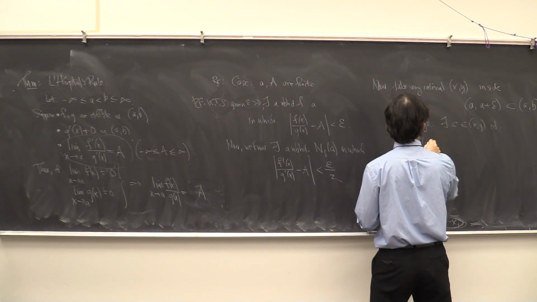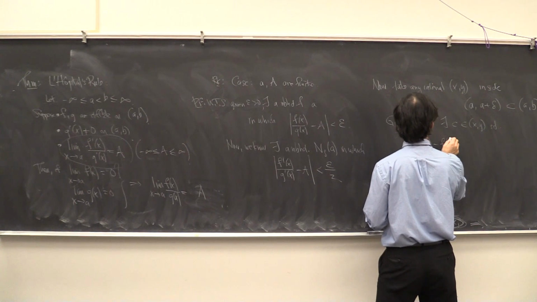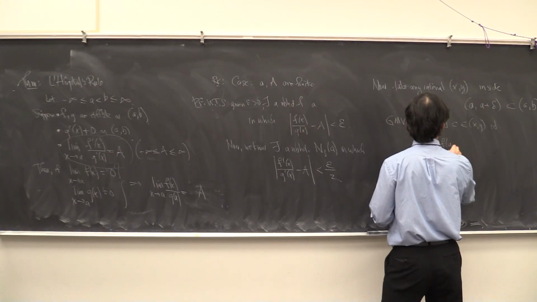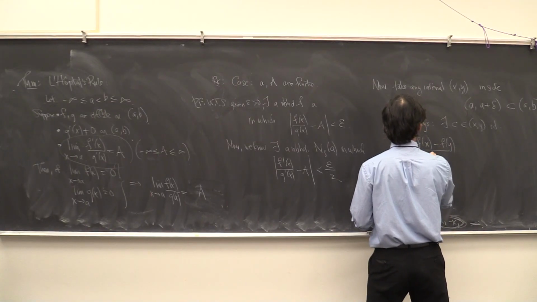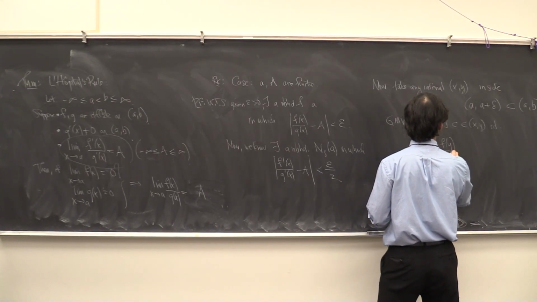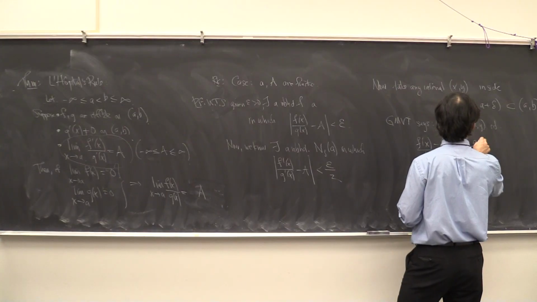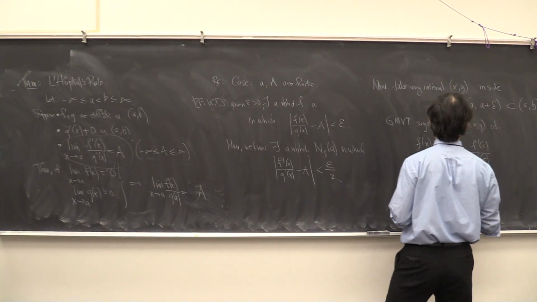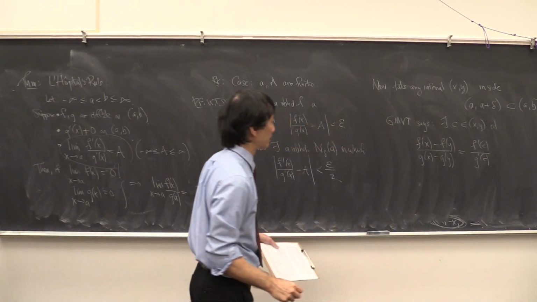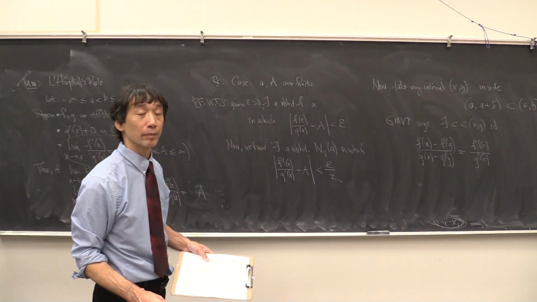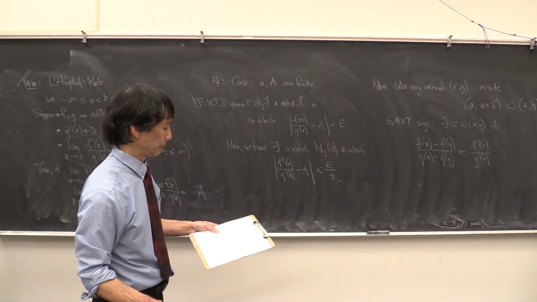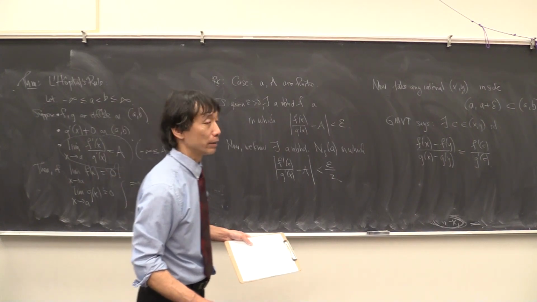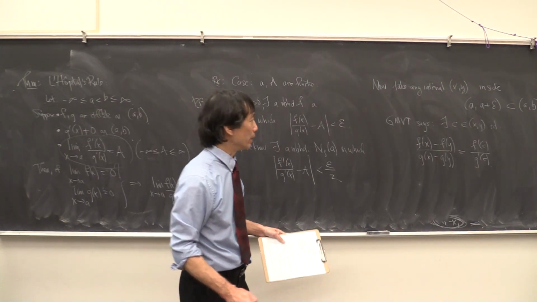Let me write it this way. (f(x) - f(y)) over (g(x) - g(y)) equals f'(c) over g'(c). Okay.